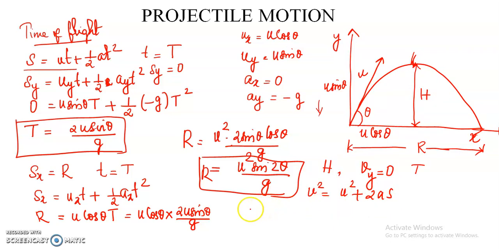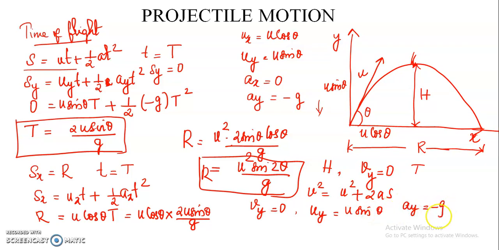If we are considering the vertical motion, the final velocity Vy equal to 0, the initial velocity Uy equal to u sin theta, the vertical acceleration Ay equal to minus g, and the vertical displacement Sy equal to h.